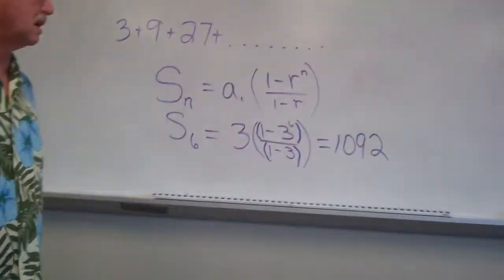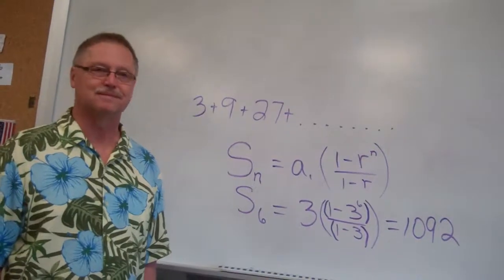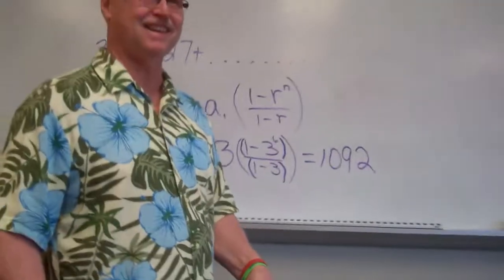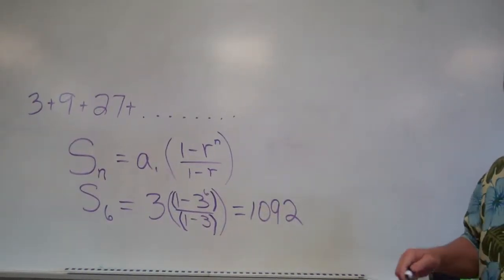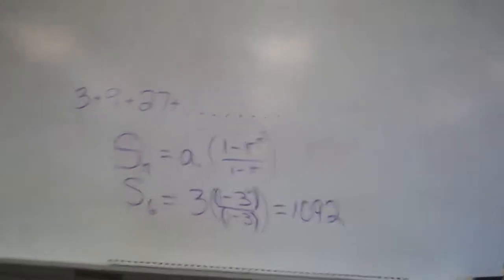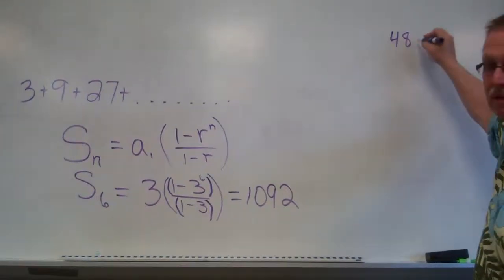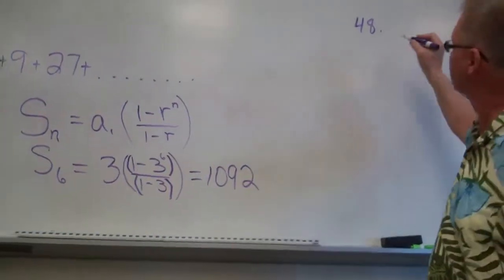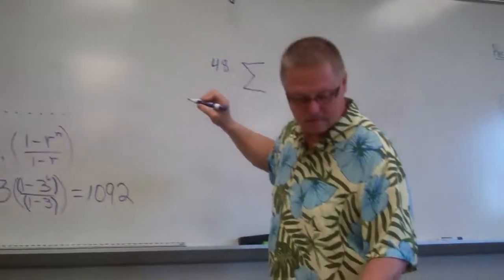Got it. Connor got it. Even Caden got it, and he's been ill. 3 parentheses, 1 minus 3 to the 6 parentheses, divided by parentheses 1 minus 3.